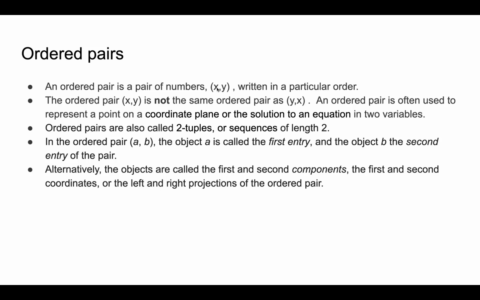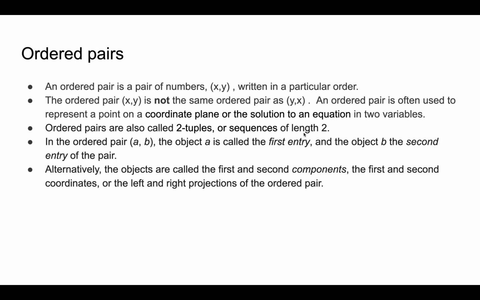So x and y is the ordered pair, written in a particular order. The ordered pair xy is not the same ordered pair as yx.